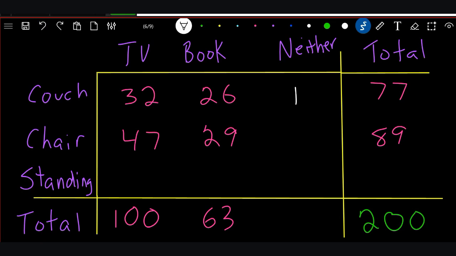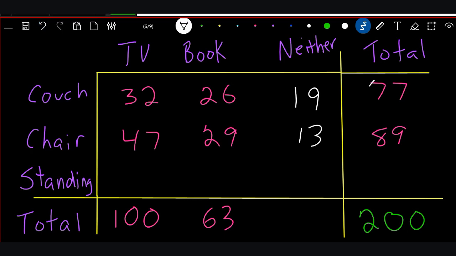So if we do that, we get 19 people did neither activity. Same thing. If we take our chair and our people in the chair that watched TV and that read a book, we add them up and we subtract it from this 89, we are going to get this missing spot. All right, and it is 13 people did neither.